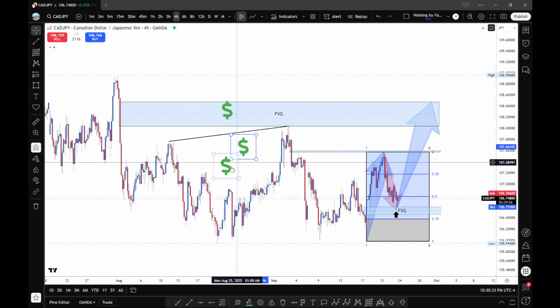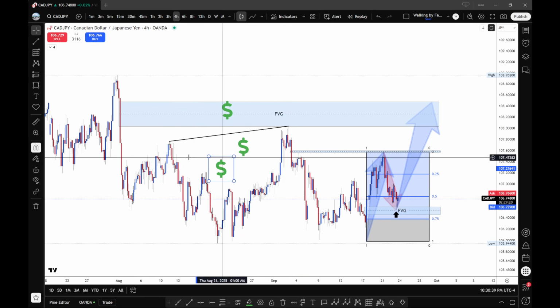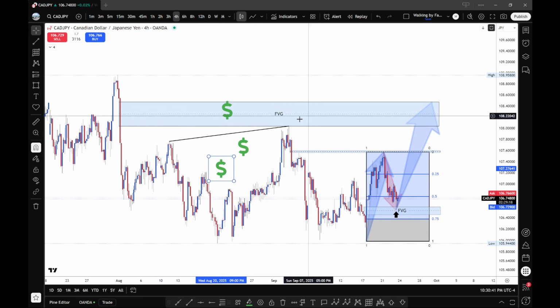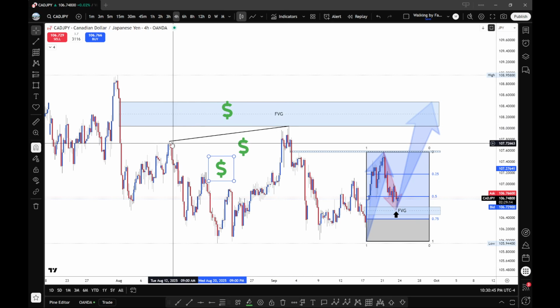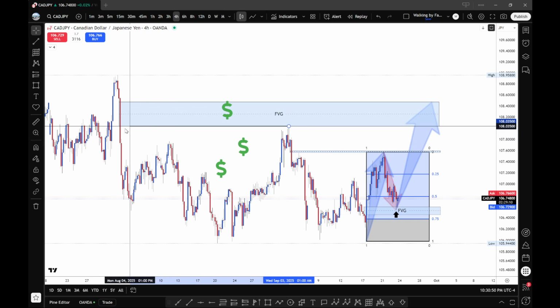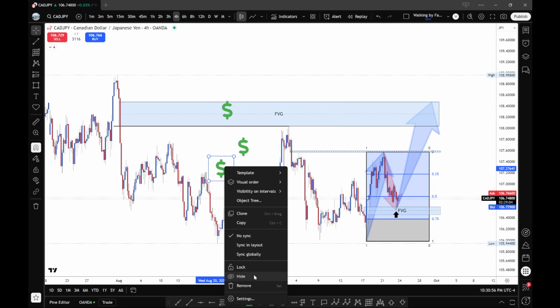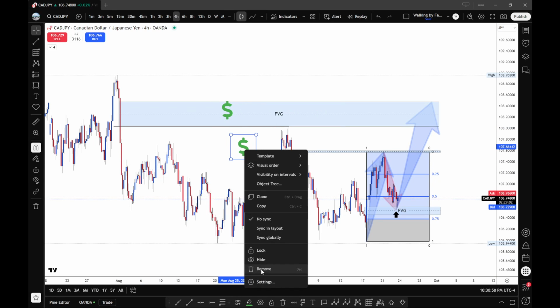So you can see all this money is already taken. Boom. This high took all this money that is sitting here. Now, we have all the money from above the high that we need to start collecting.